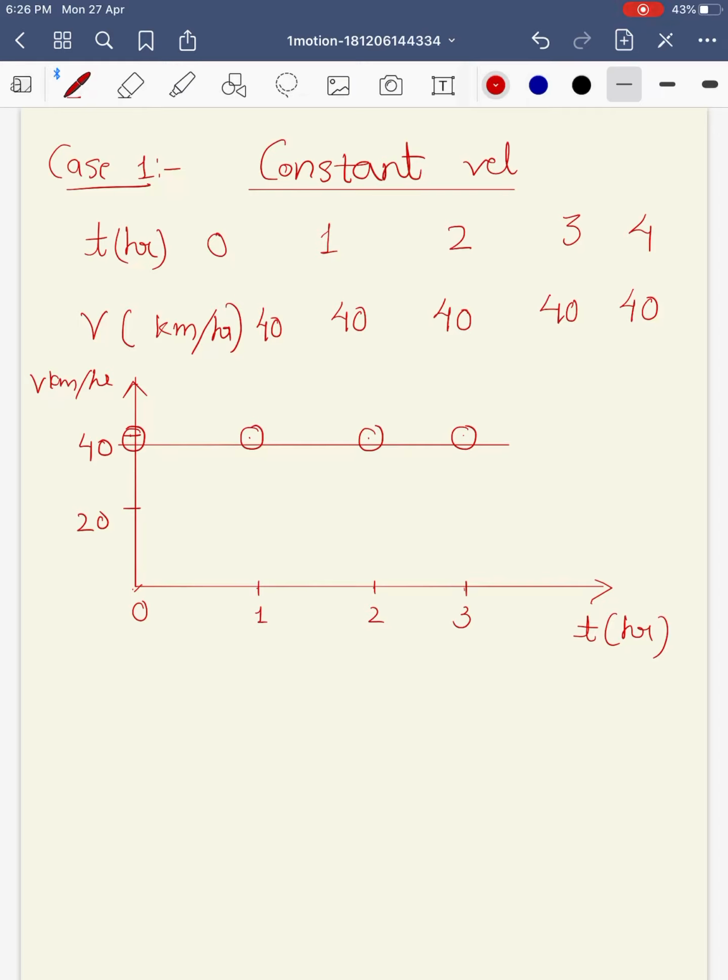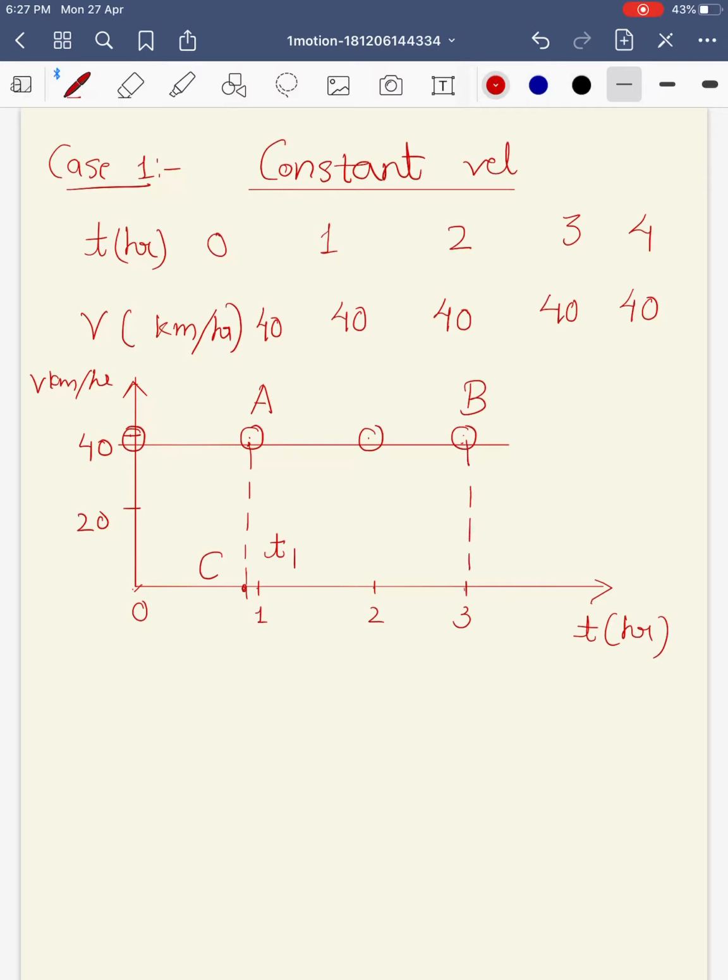Then there is one more point given in your book: what does the area under the graph give? If you take 2 points A and B on the graph, from A I draw a perpendicular, let this point be C. Corresponding to point C, let the time be t1.